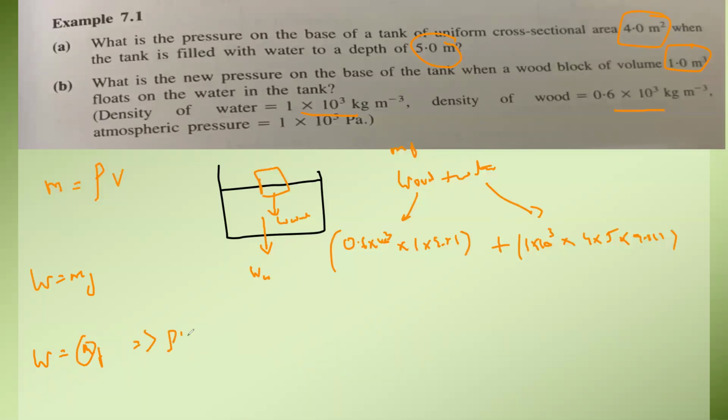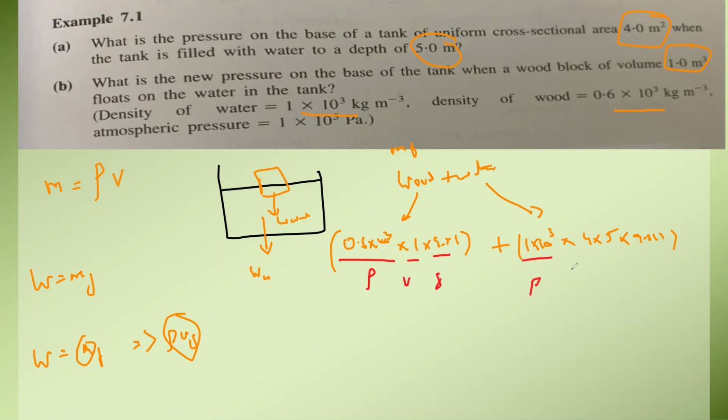So we need density, volume, and gravity. This is another formula to work out the weight of an object: the density multiplied by the volume multiplied by gravity gives the weight.